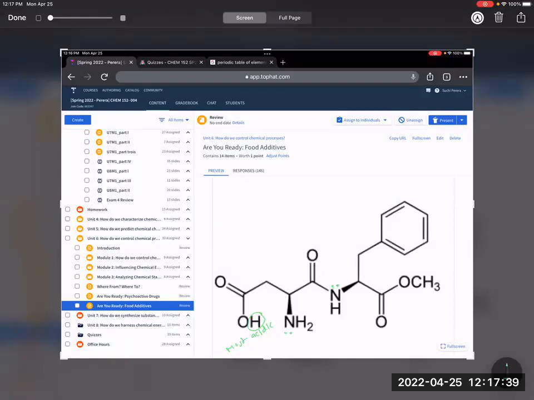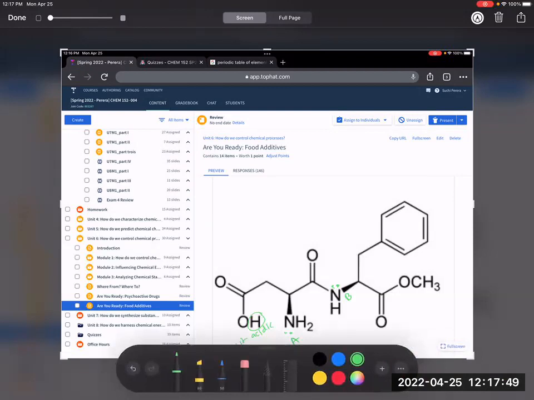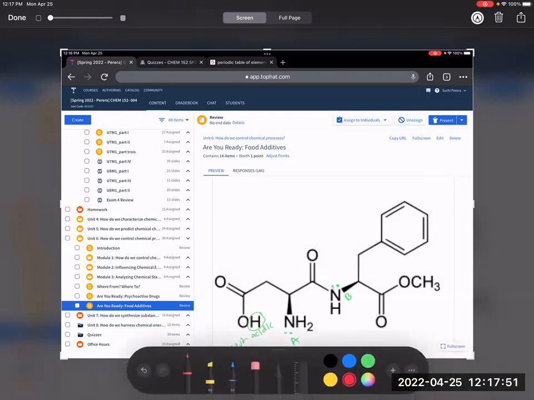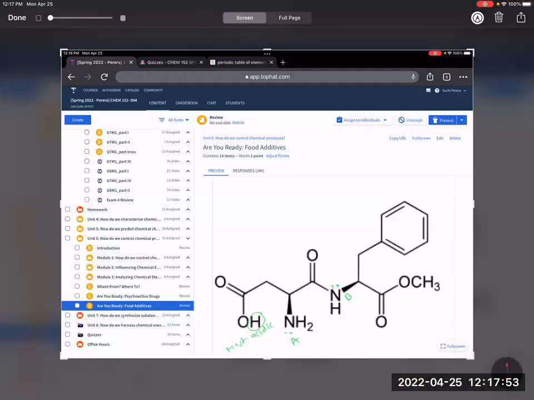Between these 2, now we go to feature 2. Let's call this A and B. When it comes to B, you have a double bond, 1 bond away from a lone pair.